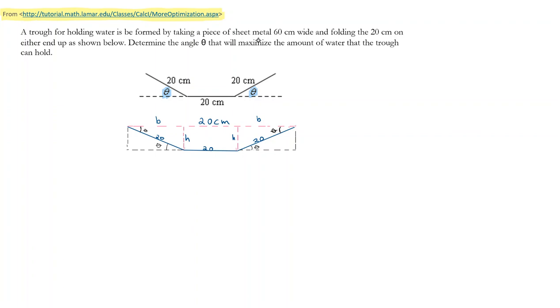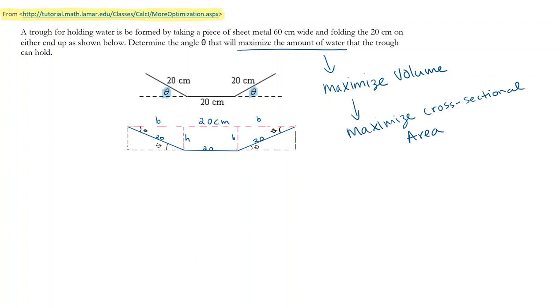Now, if we want to maximize the amount of water in the trough, that means maximizing the volume, which in turn means we need to maximize the cross-sectional area. We can quickly write a formula for this cross-sectional area.